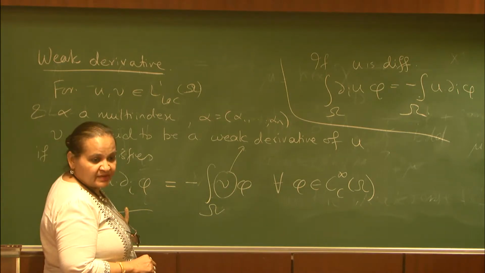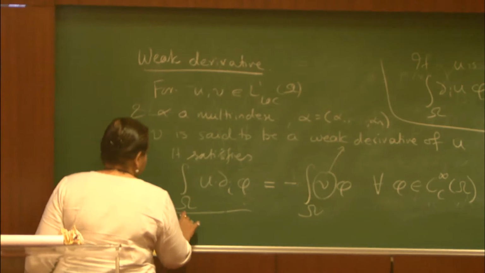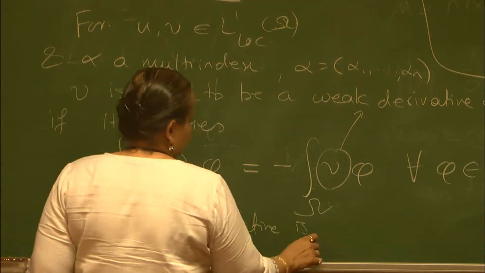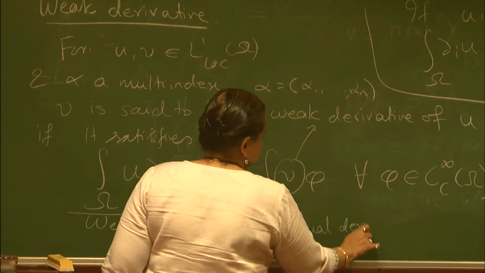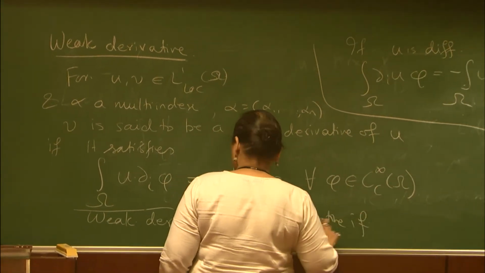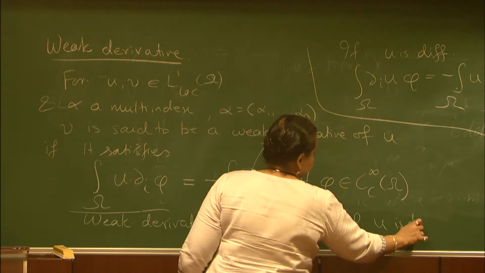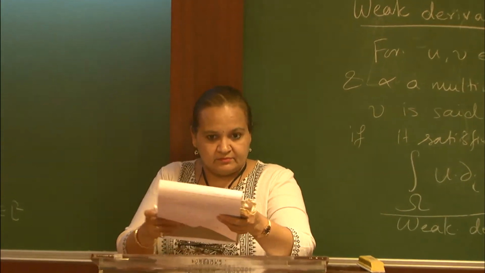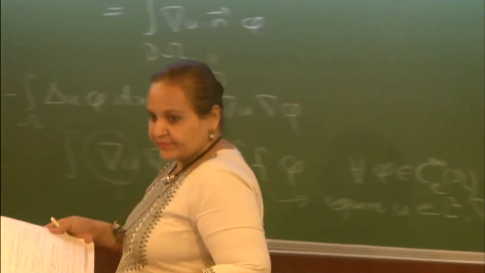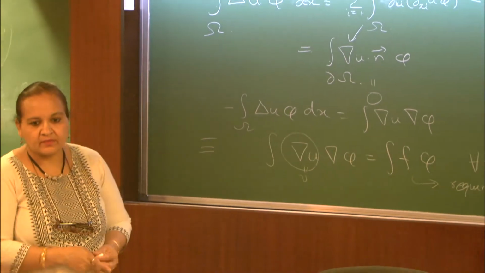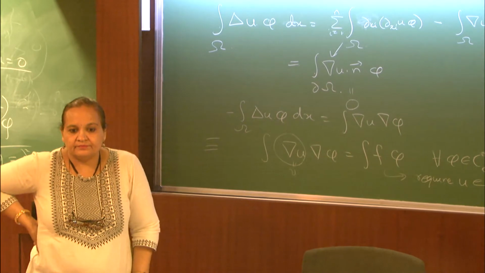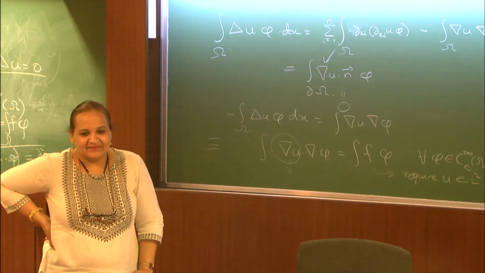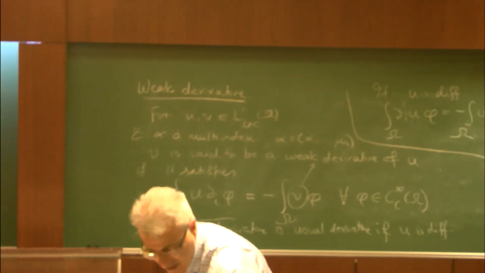Why is it true that the weak derivative is the same as the usual derivative? u is differentiable. Why is it true?